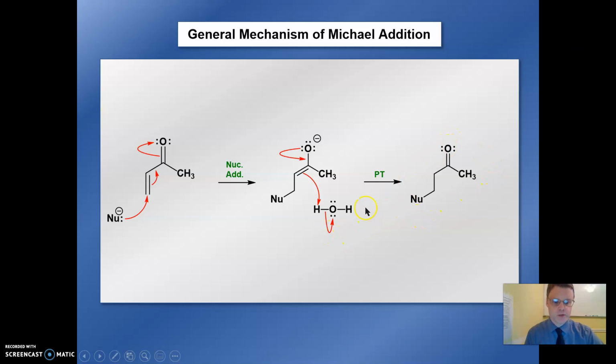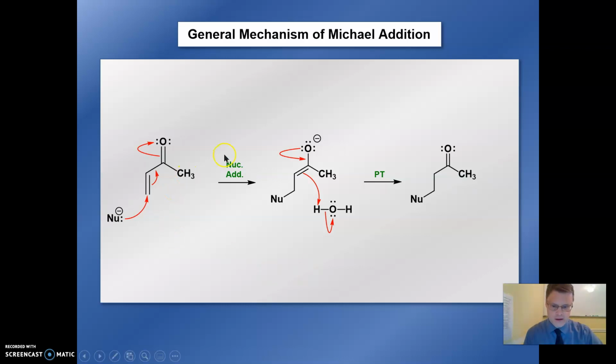Now, the textbook will show this getting protonated at the oxygen and then doing its tautomerization. I'm showing the simpler mechanism with just two elementary mechanistic steps because we're going to see this type of mechanism when we look at the Robinson annulation. So I'm just going to keep it simple.